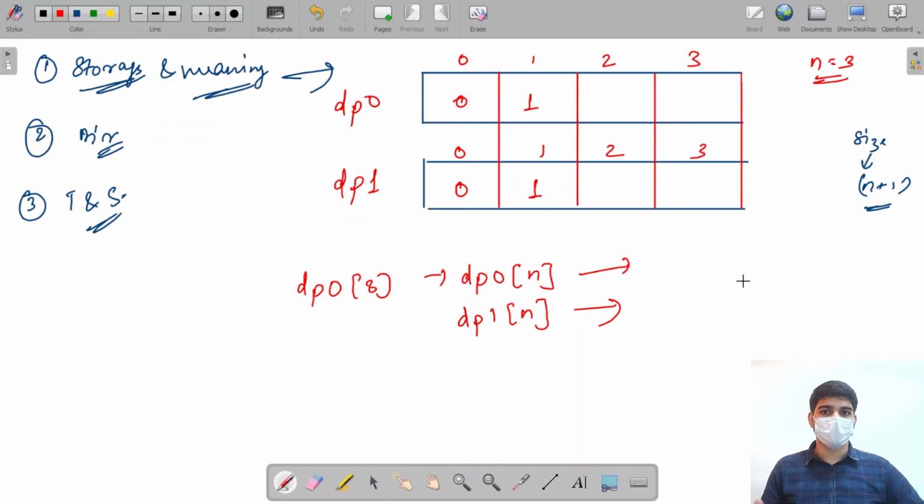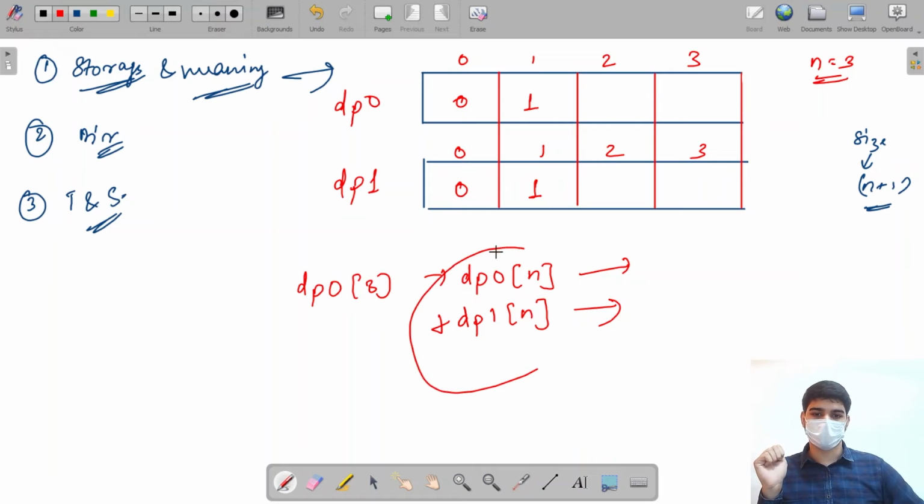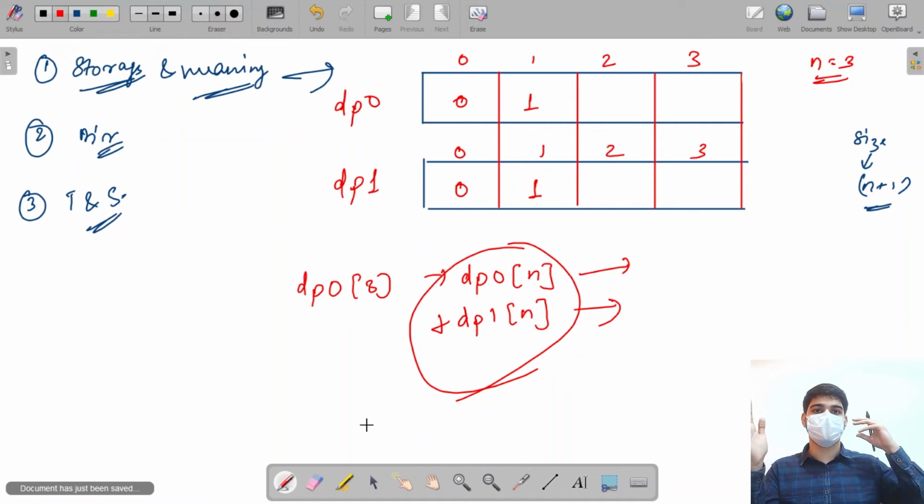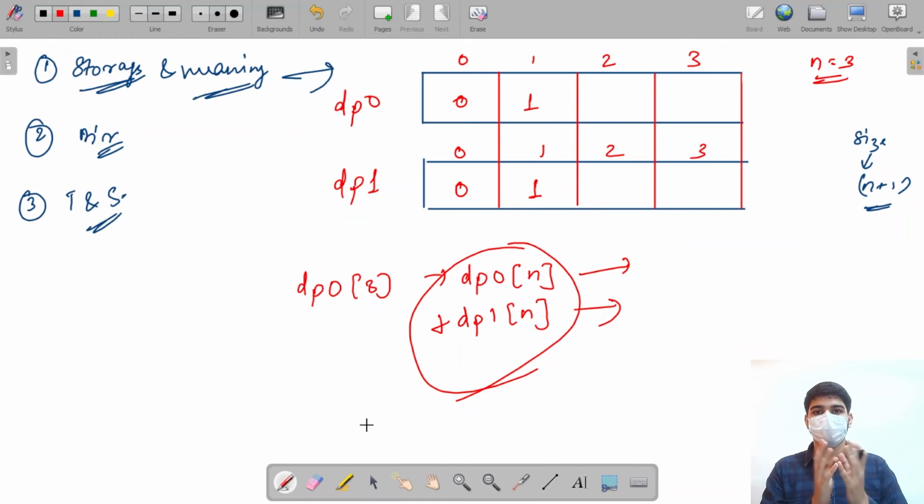So my answer to the question is the number of strings of size n such that there are no consecutive zeros. Wouldn't my answer be the summation of these two? If I add the number of strings that end with 0 and are of size n, and the number of strings that are of size n and end with 1, I would get the resultant answer that we desire in the question, right?